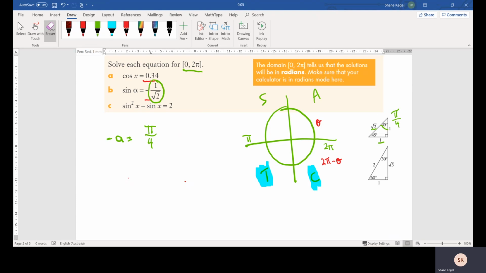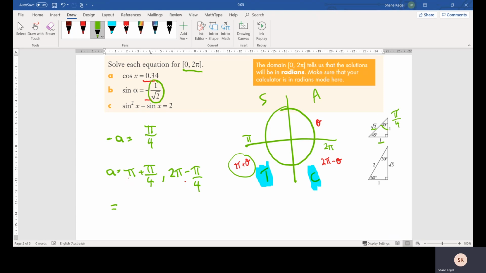So I need to now take that into account over on my unit circle. So this quadrant here is pi plus theta. So my possible values for A equals pi plus pi on 4, or 2 pi minus theta, which is 2 pi minus my pi on 4.